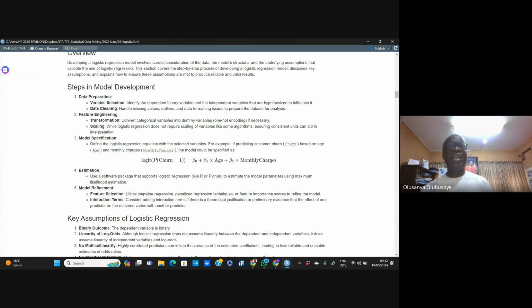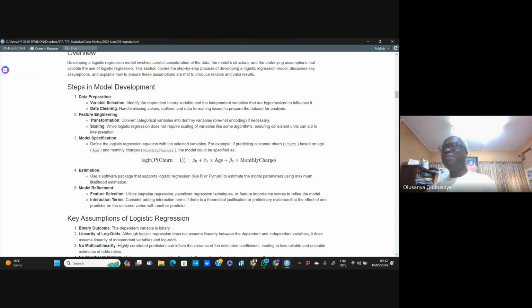So, in other words, the starting point is data preparation, and data preparation has 2 major components: variable selection and then data cleaning. In variable selection, you say, what will be my dependent variable, which must be binary, no, yes or no, alive or dead, depreciate or not depreciate, and so on.